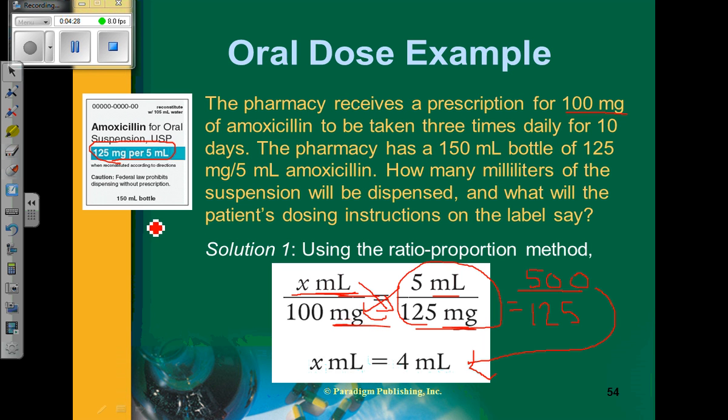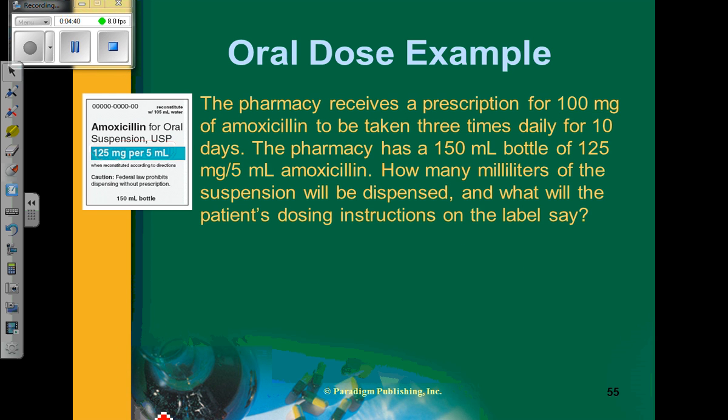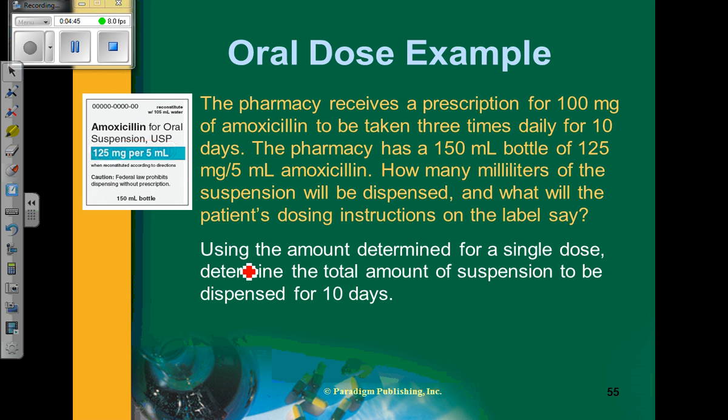Next part of our question, it says, what will the patient's dosing instructions on the label be? First we need to figure out how much they need to take. So using the amount determined for a single dose, determine the total amount of suspension to be used for the 10 days.